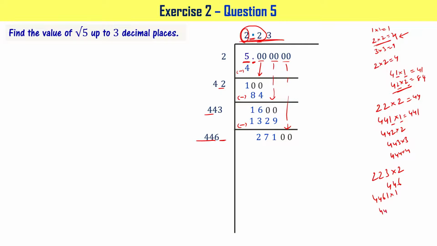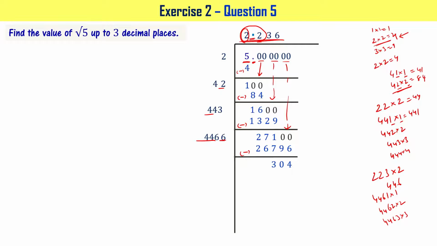Similarly, 4462 times 2, 4463 times 3. Like that, you do it and find which is optimal for our problem. 4466 times 6 is 26,796, right? When you subtract that from 27,100, what you have is 304.